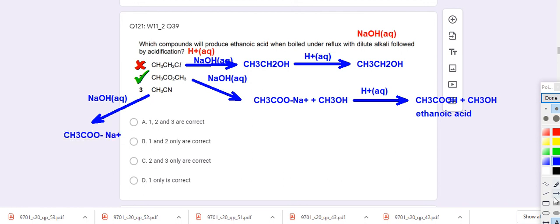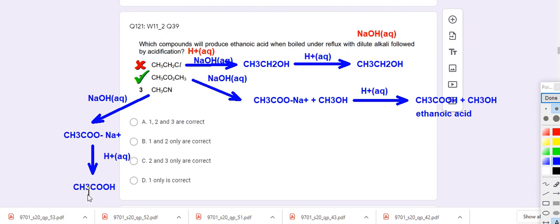Now followed by acidification. It's a very similar reaction to this. Second step, we have carboxylate salt. Acidification of this carboxylate salt, we get carboxylic acid. So again, we are getting ethanoic acid because the hydrogen ions in the acid solution can replace the sodium ion in the carboxylate salt.